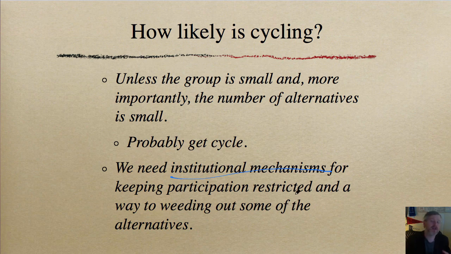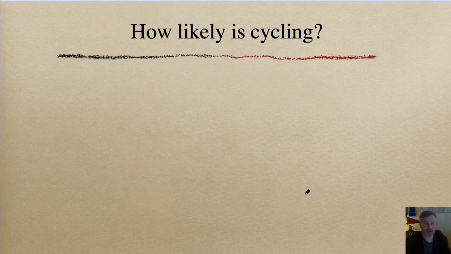Of course, neither of those things makes us very happy when we're thinking of democratic processes, right? Because we want everyone to vote, and we want them to be able to vote over whatever they want to vote over. That's true, but in those cases, you're very likely to have a situation where there would be a vote cycle, all right?